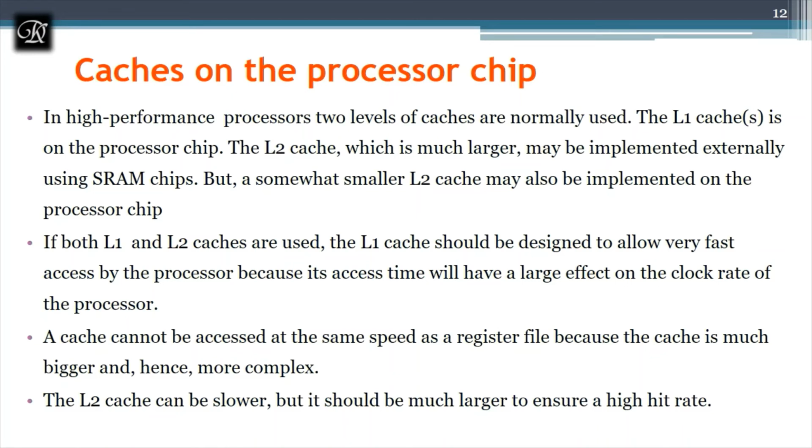The L2 cache can be slower because it is bigger than the L1 cache. It again goes with the size. If the size is increasing, the speed is decreasing, which we have seen in the hierarchy. But it should be much larger to ensure a high hit rate. L2 should have more space, so that our ultimate intention is to increase the hit rate and reduce the miss penalties.